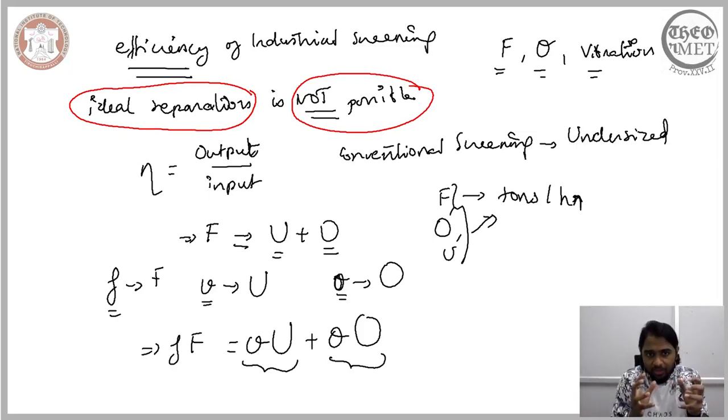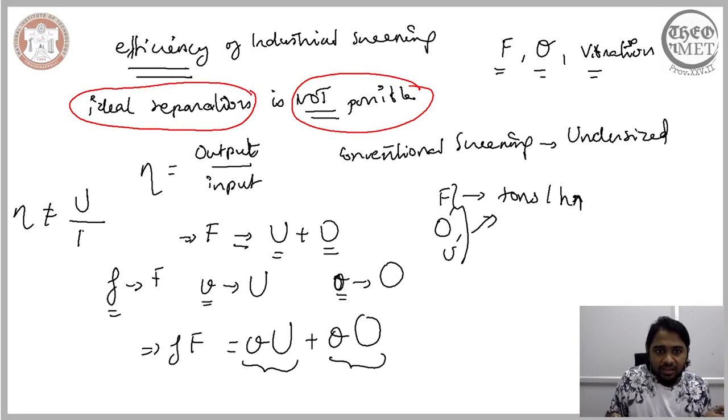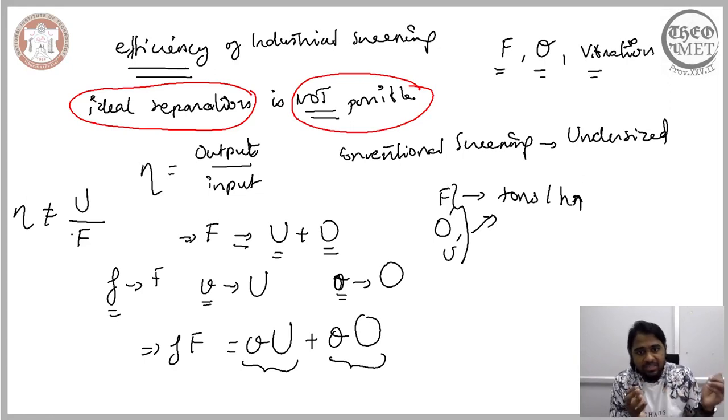So the efficiency cannot be the undersized particles relative to the overall feed. Efficiency needs to consider our desired output. The desired output is the undersized particles, and the input should be the amount of these undersized particles, not the entire feed, but the amount of undersized particles that are fed in.